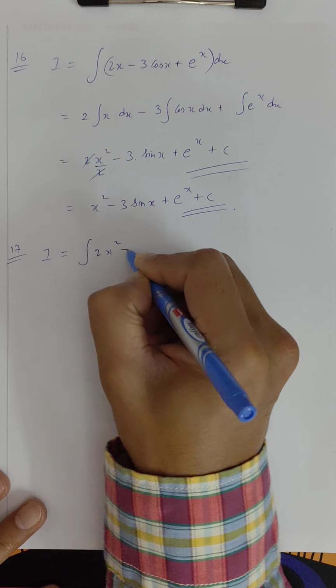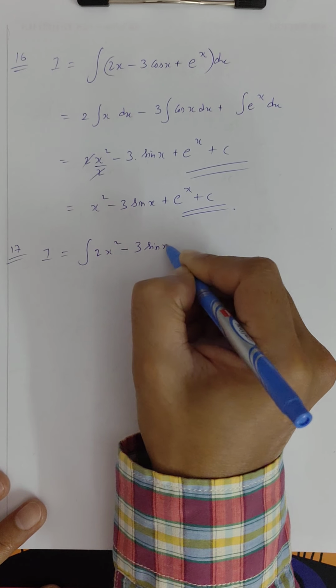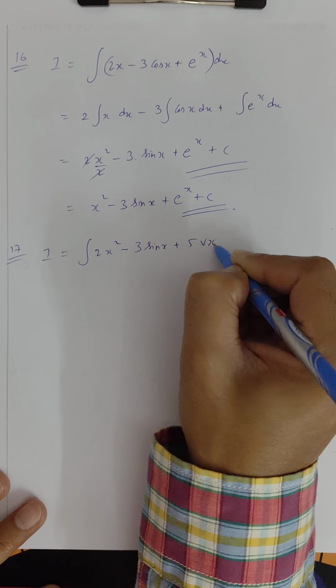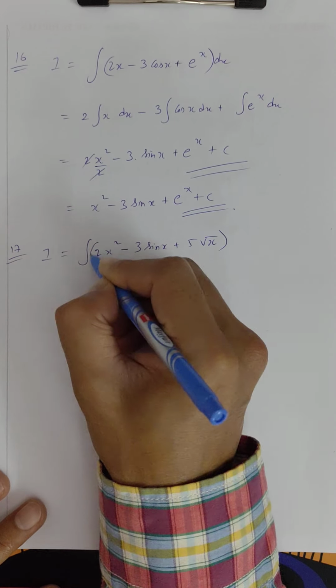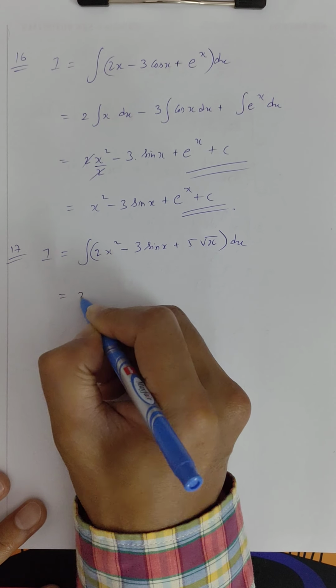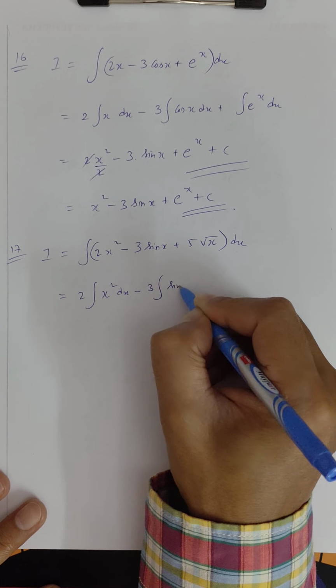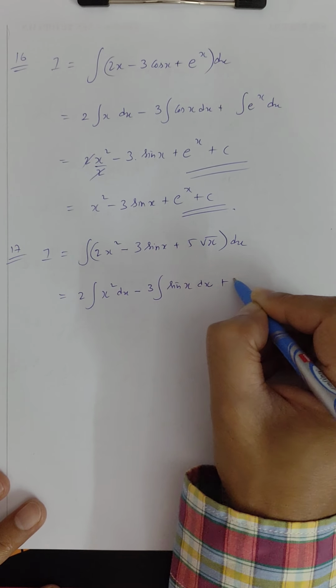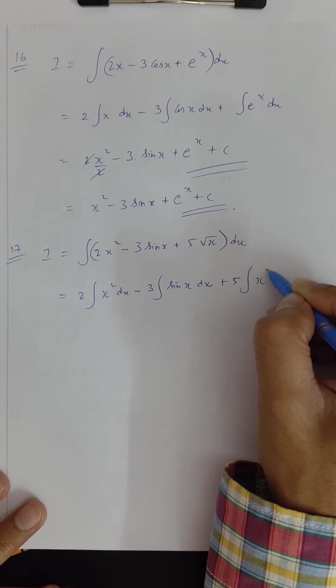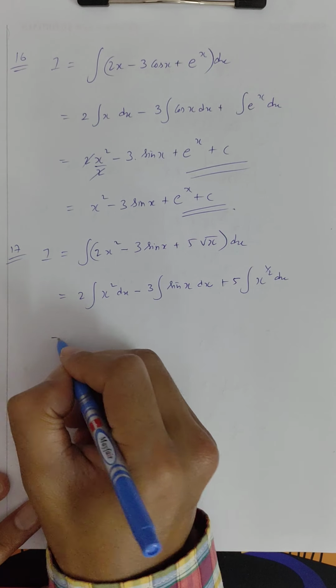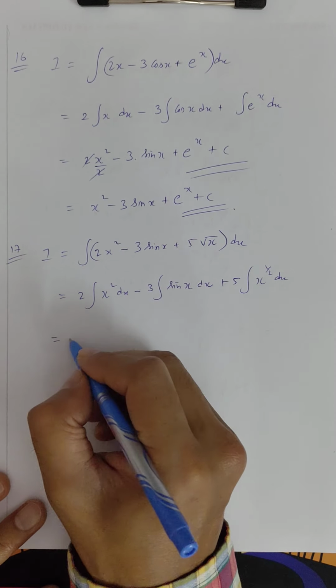Integration of 2x square minus 3 sin x plus 5 root x with respect to x. Don't forget x power 1 by 2. We don't have any formula for root.